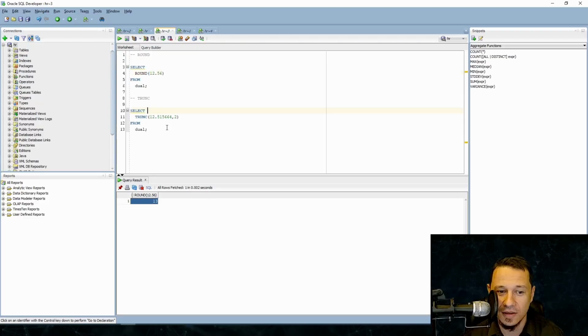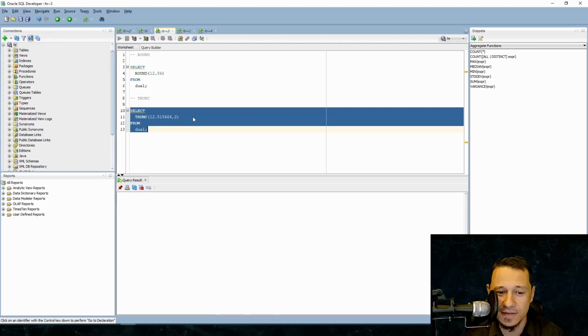Very nice. The TRUNCATE function works in a similar way, only it strips off the decimal numbers, again on any side of a decimal dot. In our example, we are putting a precision of 2, so it will strip to 12.51, and it will omit the 5664 in the number.